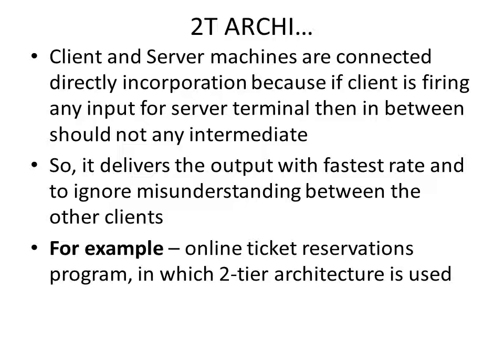If there are more clients, it delivers the output to the particular client at the fastest rate so that other clients will not be misunderstood. An example for two-tier architecture is an online ticket reservation program, in which two-tier architecture is used.